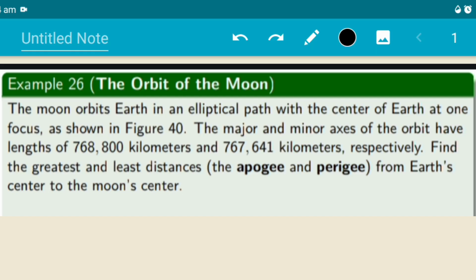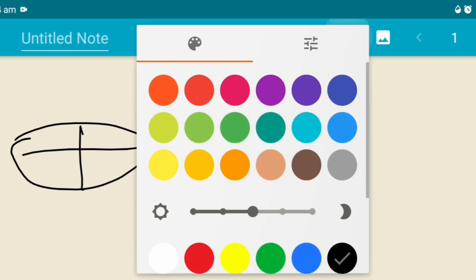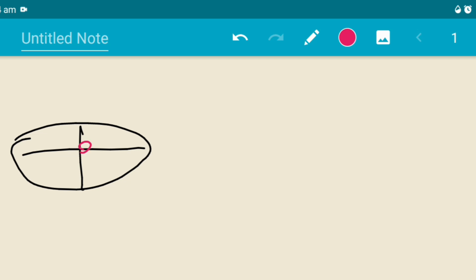Remember what we discussed? This here is your focus, and this is your focus as well. Then the distance from the vertex here all the way up to the focus, the longest distance, as we discussed, is the aphelion. Now this can also be put in a different terminology, so I'm explaining this so that you may not get confused just in case they use something different.